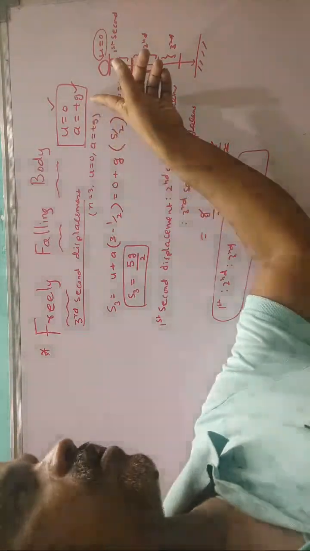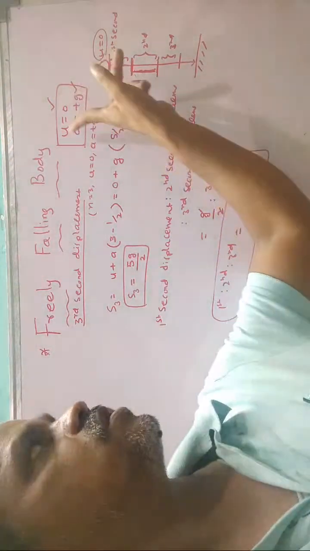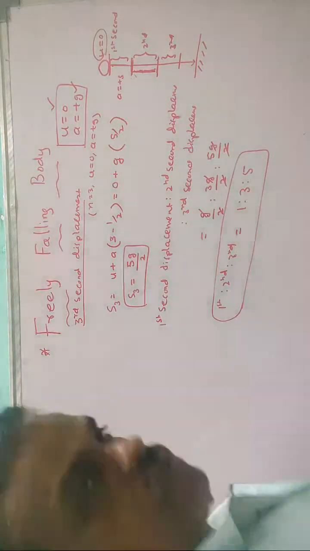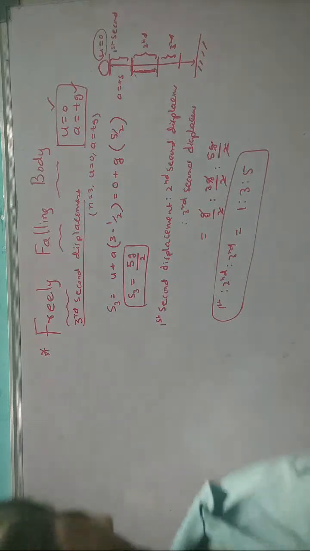For a freely falling body, you have to use these two conditions: u equal to 0, initial velocity equal to 0, a equal to plus g. Okay, nice. Just copy it. Okay.